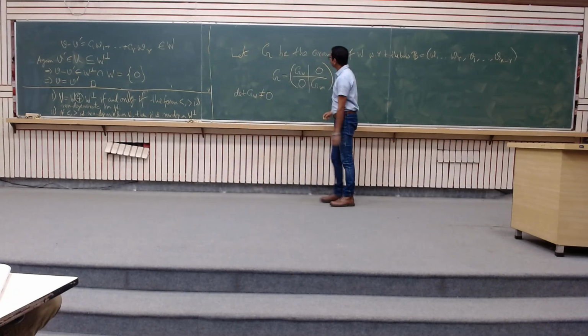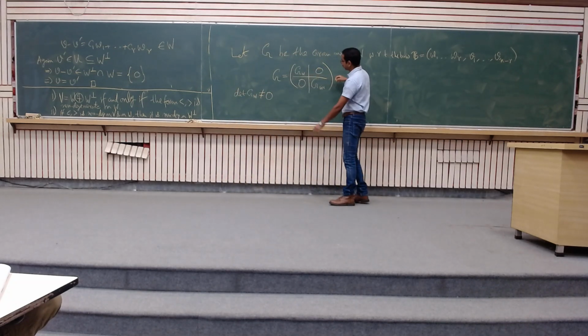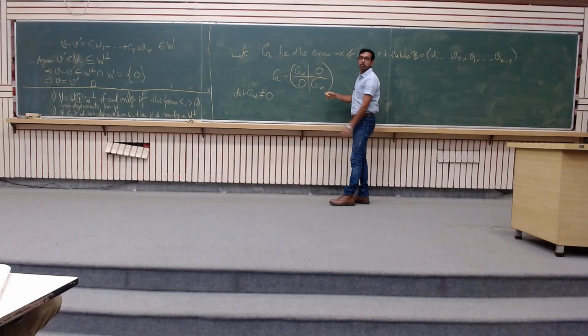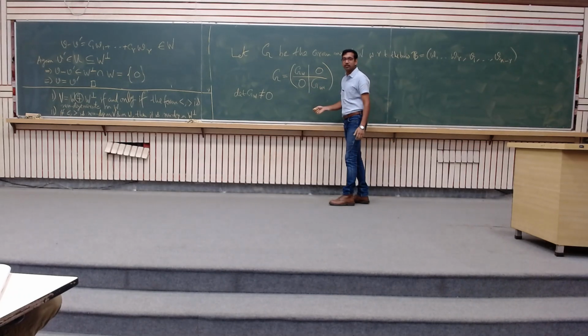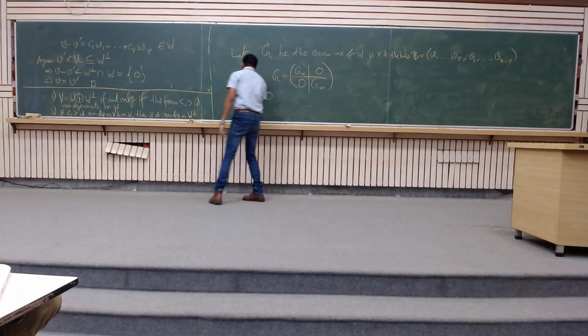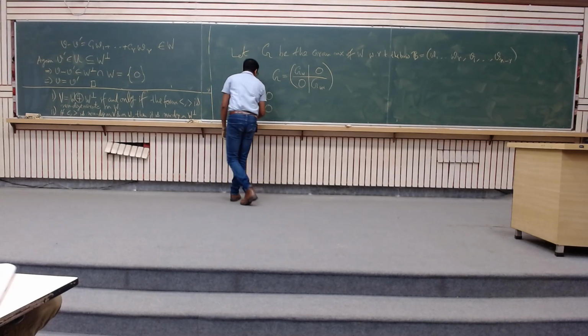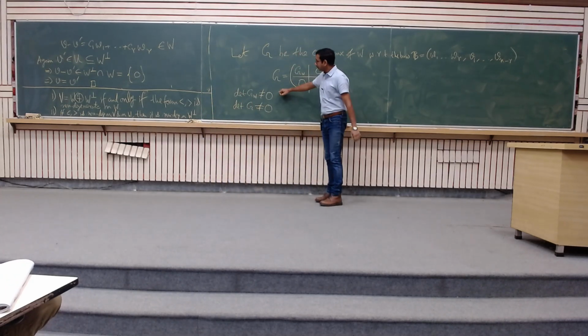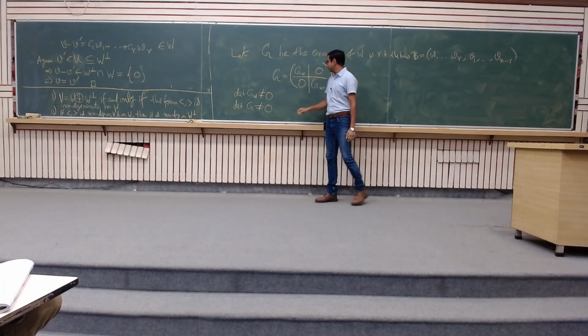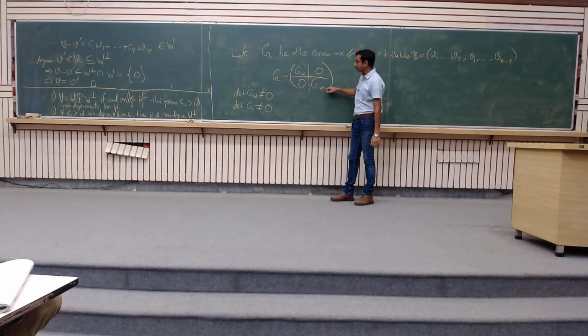We also know that the determinant of the entire thing is not equal to 0, because it is non-degenerate on V. So if these two pieces of information suffice to show that the determinant of G_W perp is not equal to 0, then we are done, right?